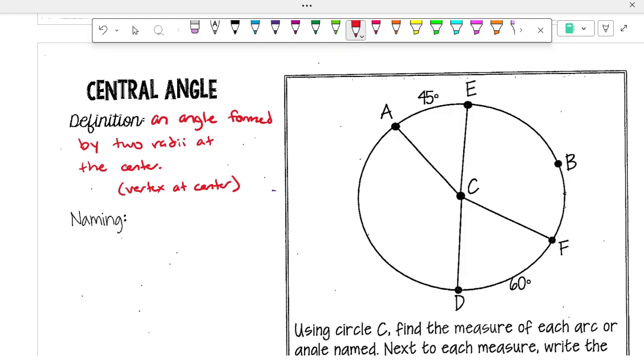So, for example, angle ACE is a central angle. Angle DCF is a central angle.